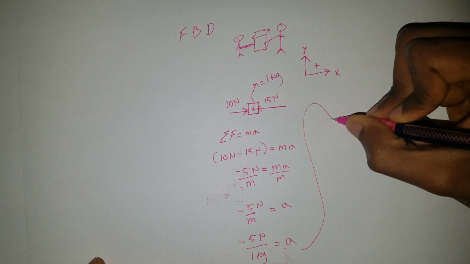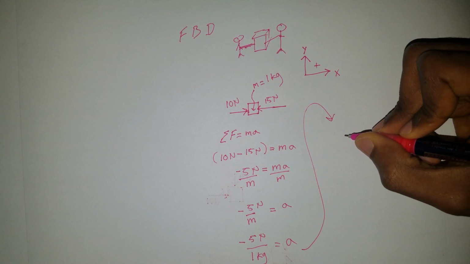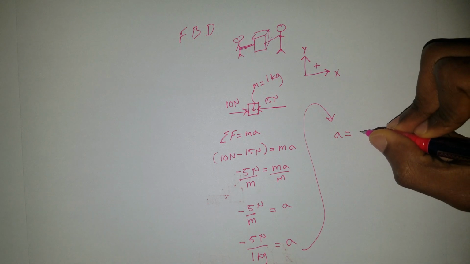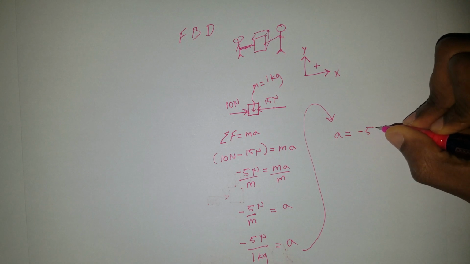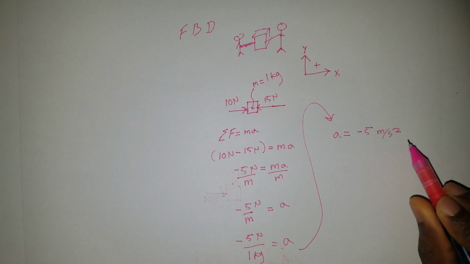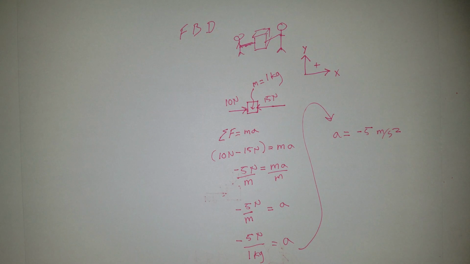Going over here, we then write acceleration is equal to negative 5 meters per second squared. Meters per second squared is acceleration because acceleration is measuring the change in velocity. The velocity is in meters per second, but given that we're looking at acceleration, that would be meters per second per second, or meters per second squared.